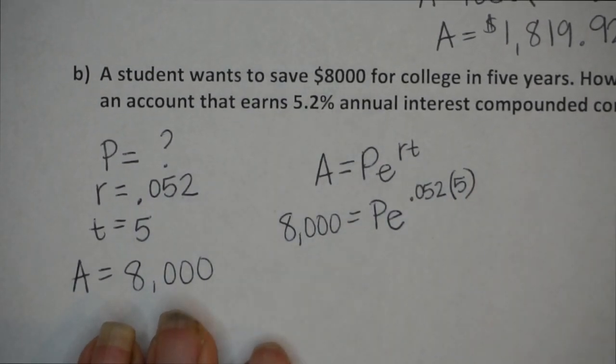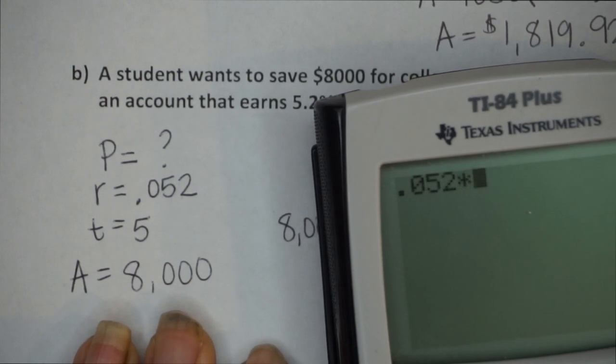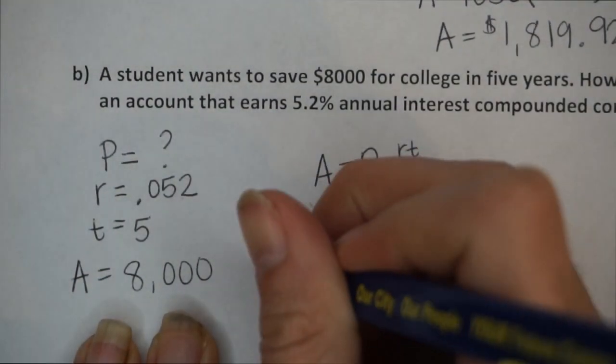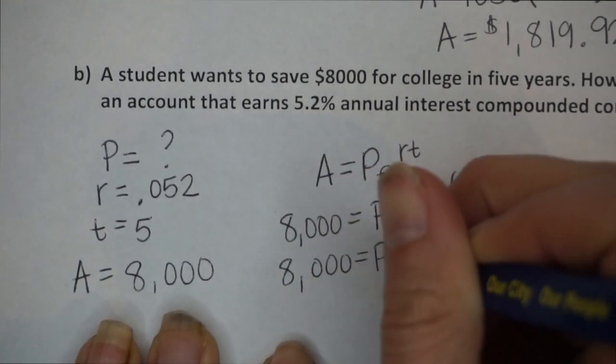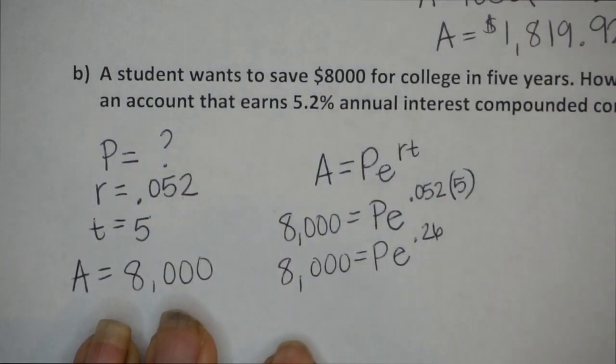So let's multiply those first. 0.052 times 5 is 0.26. All right, so 8,000 equals P times E to the 0.26 power.